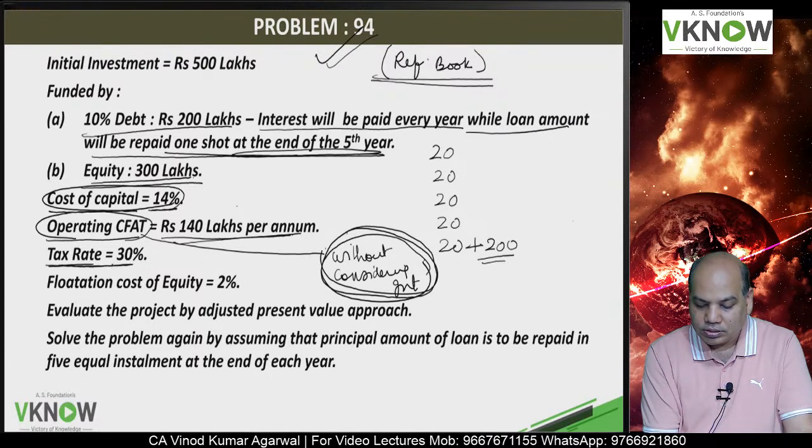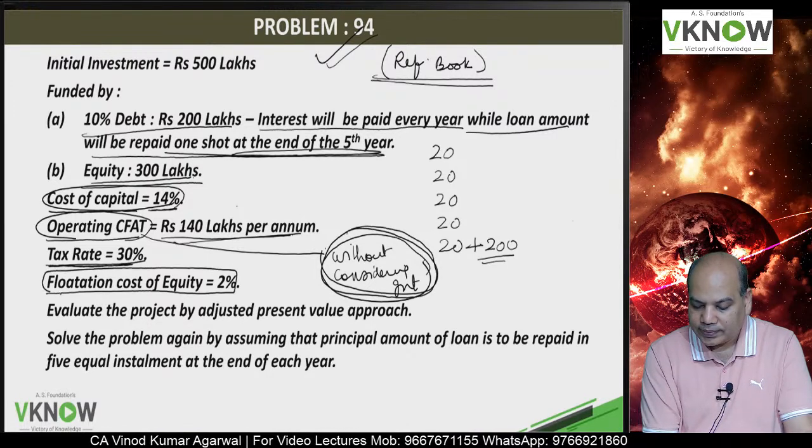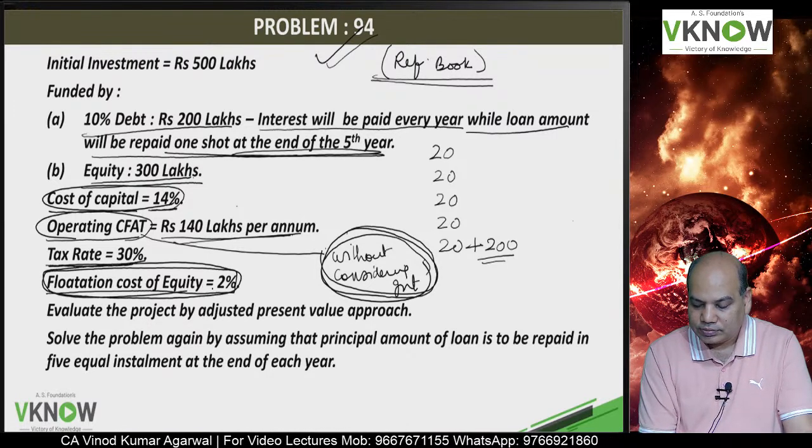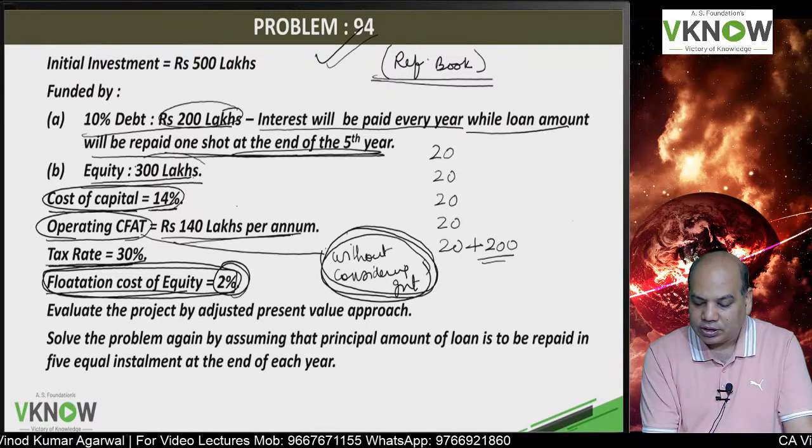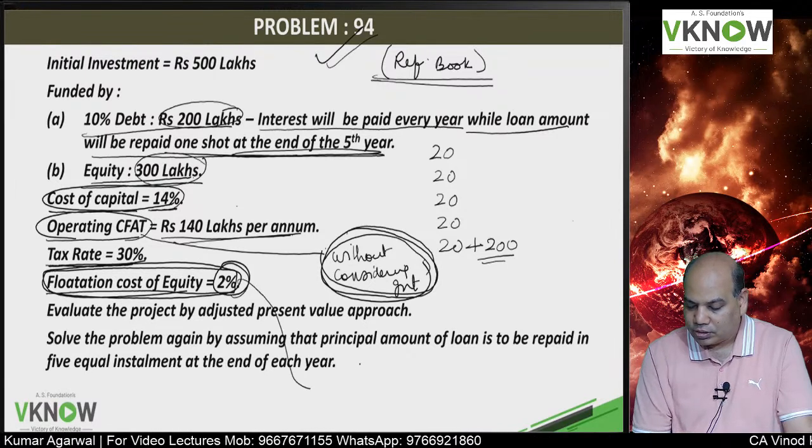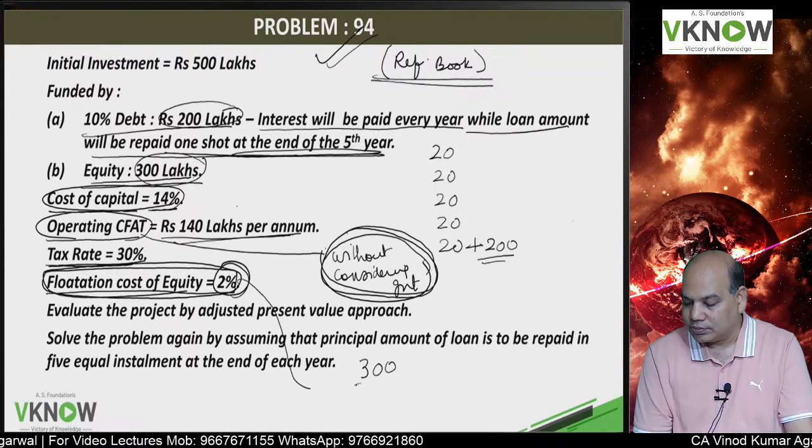Tax rate is 30%. Flotation cost of equity is 2%. You require 200 lakh from debt, 300 lakh from equity. So 300 should be net of flotation cost.